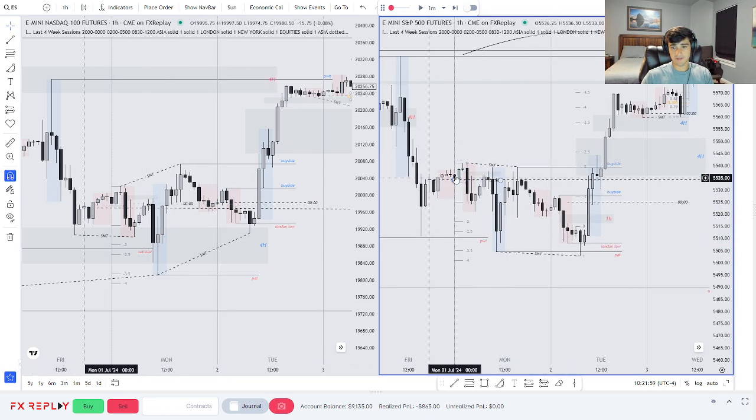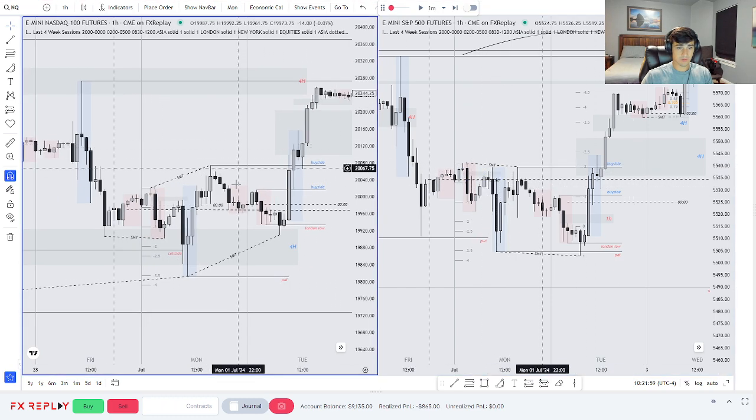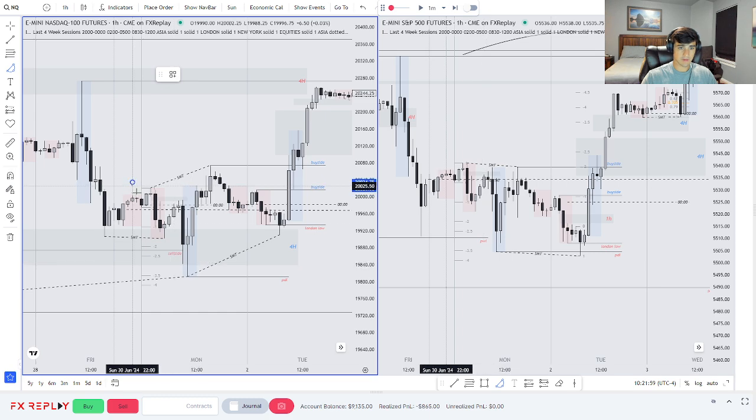If we even analyze this little SMT divergence right here, we can see that this is a buy model as well. Let me get my arc.